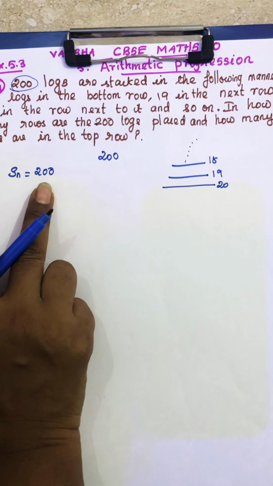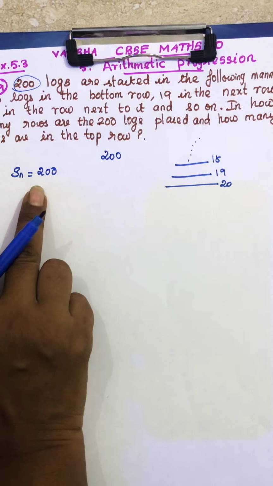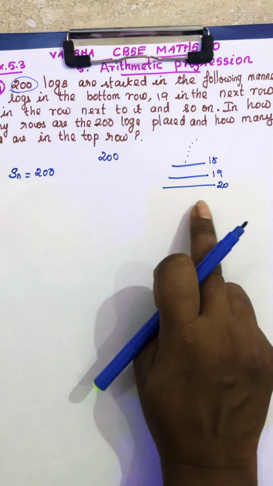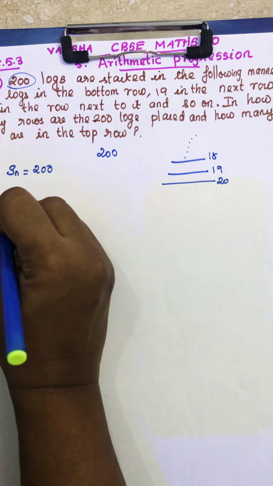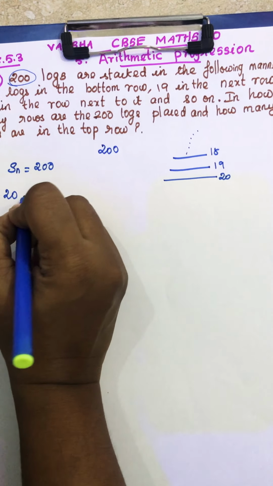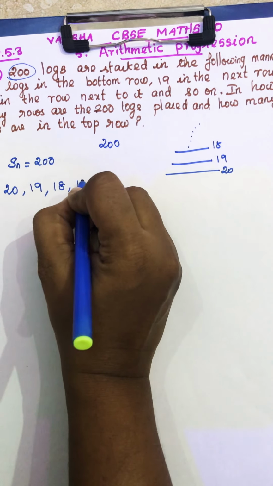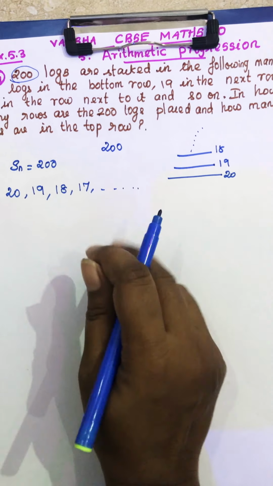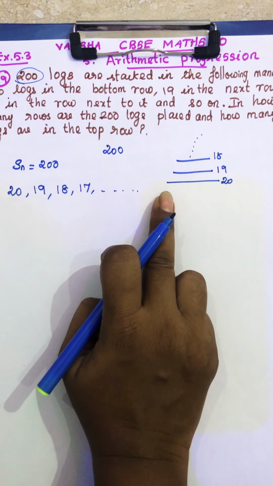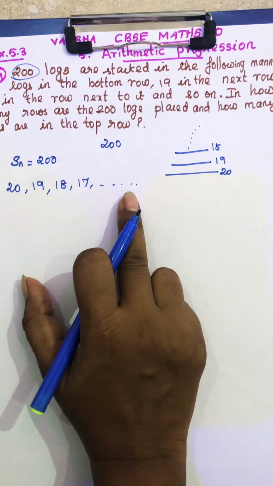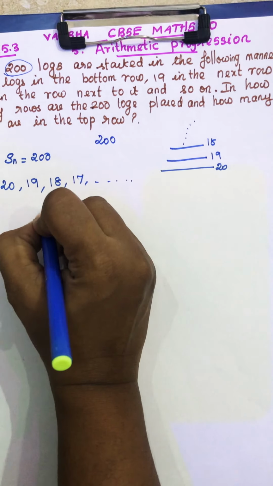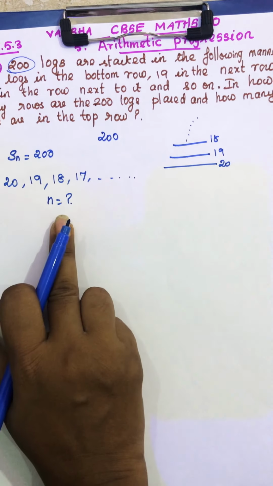Is it understood, students? You have to understand the question first. In the bottom they have arranged 20, the next row is 19, next 18, next 17 and so on. We don't know the last number and we don't know how many rows there are. That is our question: how many rows? It is n.